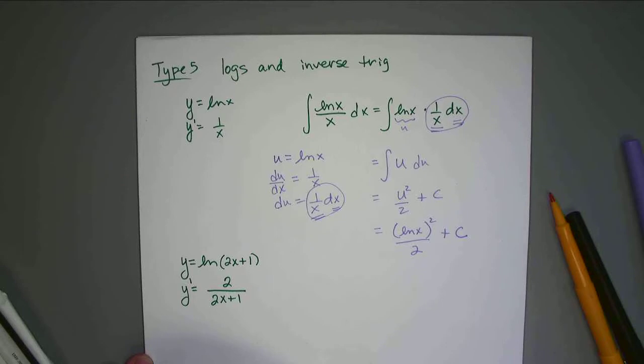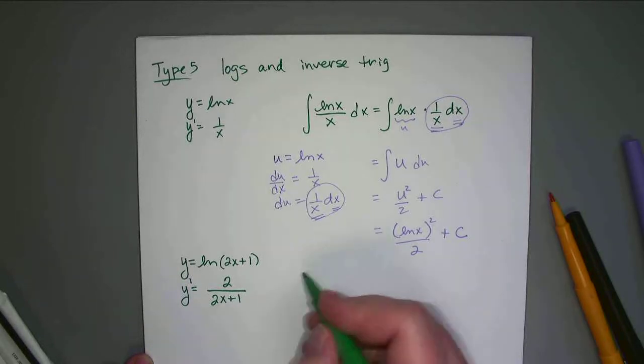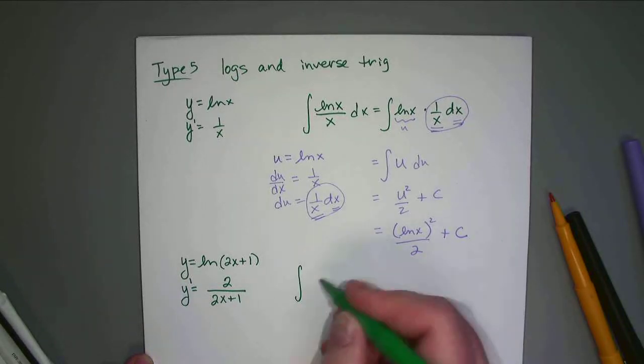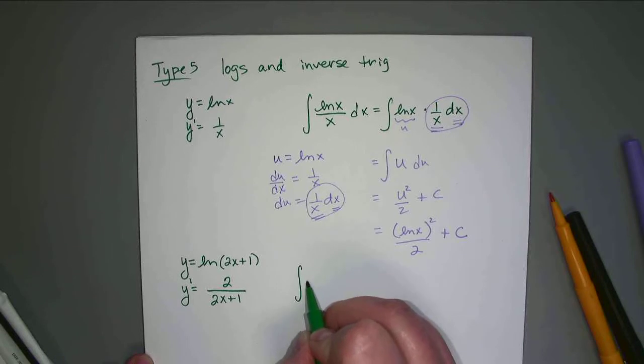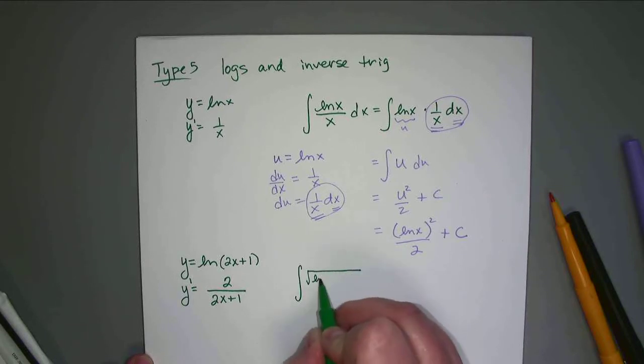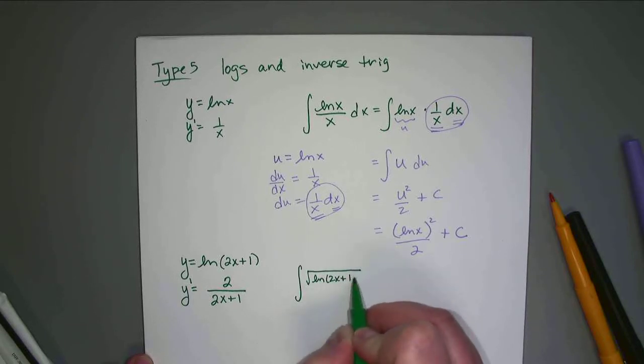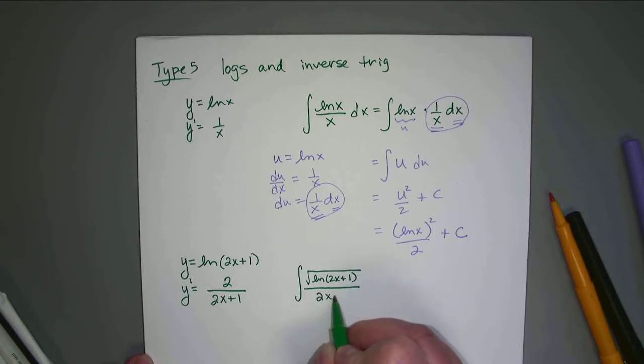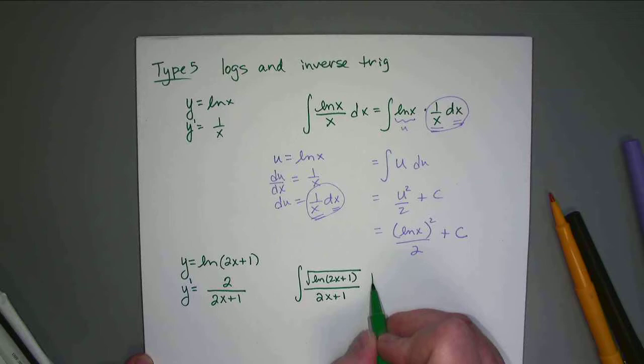So that's how that would work. So if we had a question in it, let's say we had the square root of ln of 2x plus 1 all over 2x plus 1.